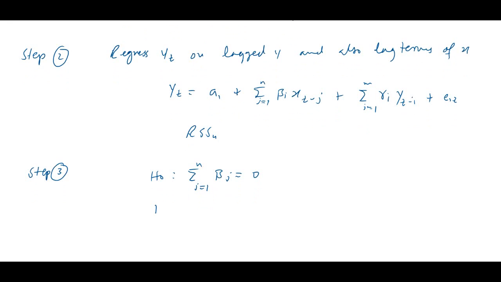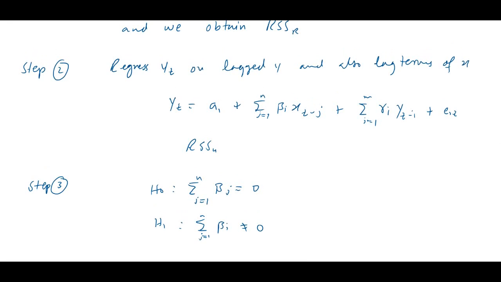Our alternate hypothesis H1 is summation beta i not equal to 0. This is our main hypothesis, the null hypothesis that beta i will equal 0. If this is equal to 0, then what does this basically mean? If beta i equals 0, this entire term will equal 0.